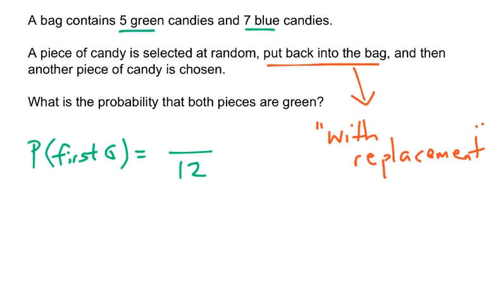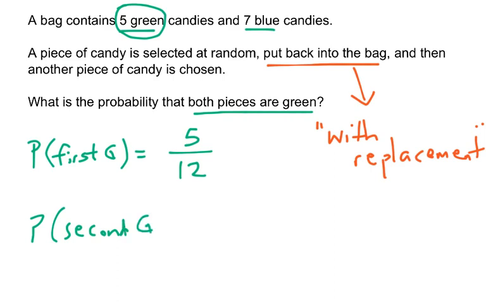I want to know what's the probability that both pieces are green. So the first one needs to be green, and there are 5 greens in the bag, so I have 5 successes and 12 outcomes. So that's the probability that the first one is green. Now I need to know, well, what's the probability that the second one is green?